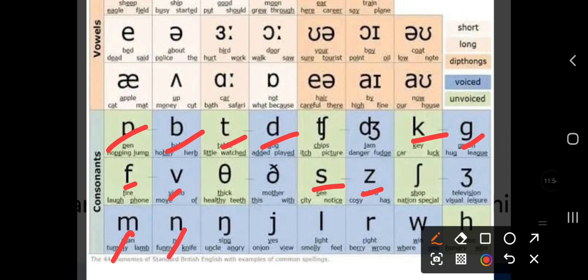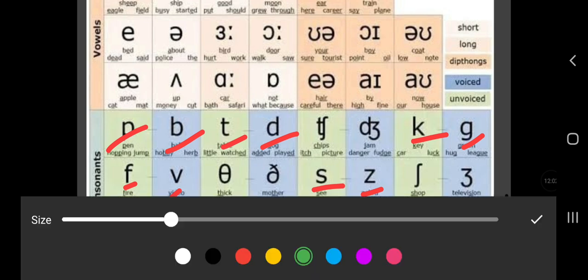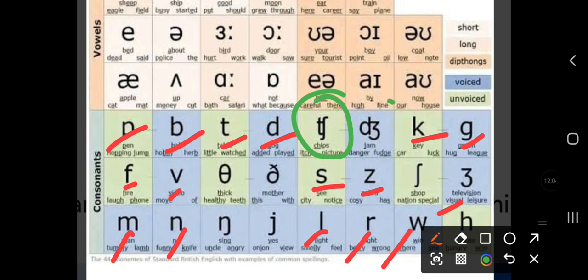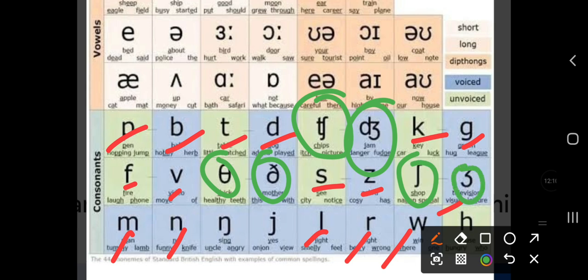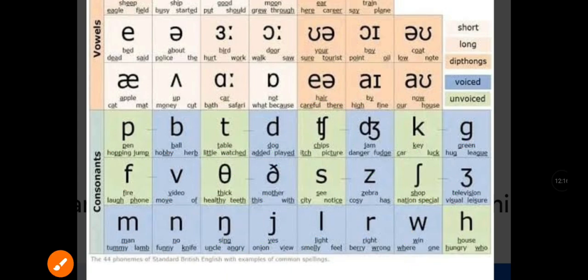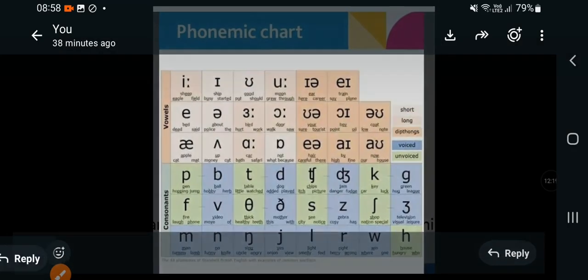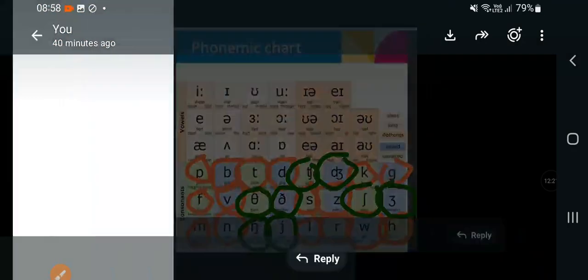Then M, N, L, R, W, H. These are the new symbols which you have to remember, right? These are the new symbols which we are going to study. Very simple. So I am telling you how you can remember these new symbols.